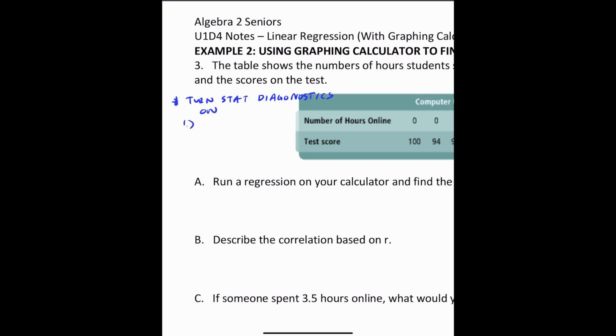So the first step here is you need to find the mode button and press it. So press mode. And then 2, you will press stat diagnostics and then make sure that it is on.